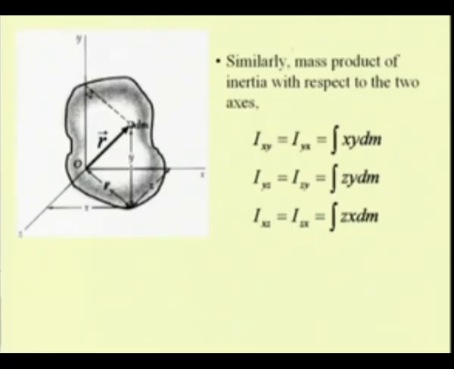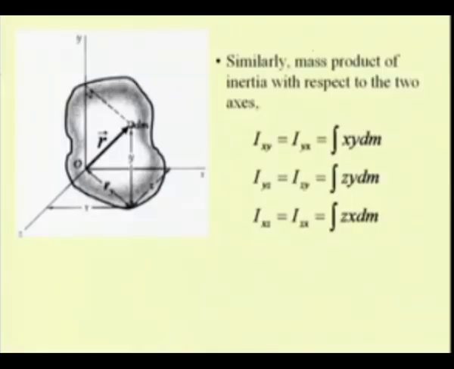Similarly, we can define the product of inertia. We have seen that when we computed the product of inertia of an area, we took the distances of the elemental area from the two corresponding axes. If we are interested in the product with respect to x and y, we take the distances from these two axes and compute the product.